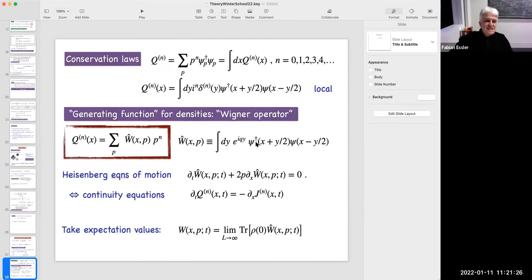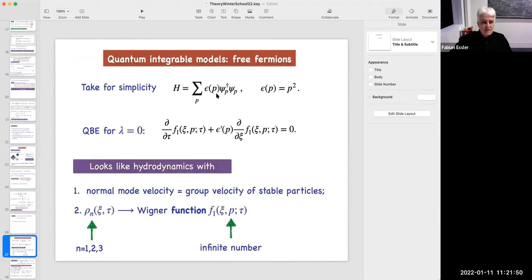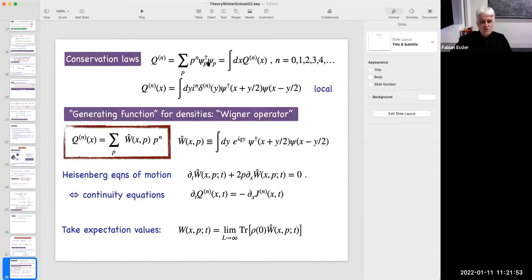And that's relatively easy to understand simply by noting these free fermions actually don't have 3 conservation laws, but in the thermodynamic limit, they have infinitely many conservation laws. Because all of these quantities here are in fact conserved. They commute with the Hamiltonian. It's very easy to see because they're just proportional to the mode occupation number, as is the Hamiltonian. So these clearly commute.